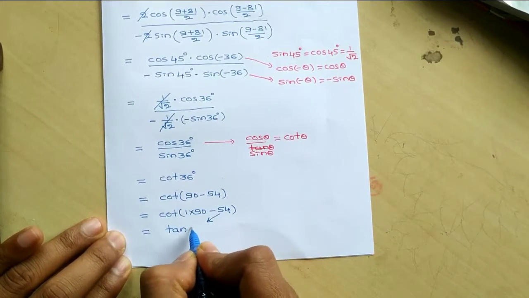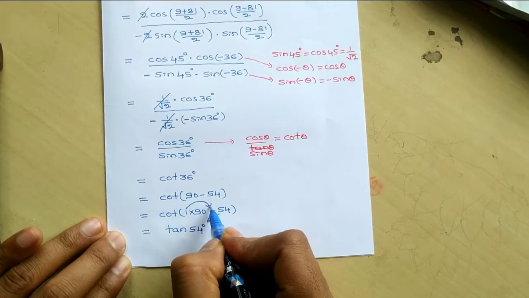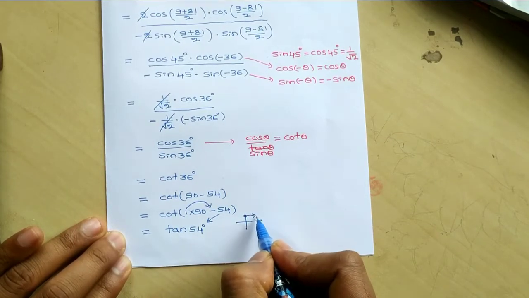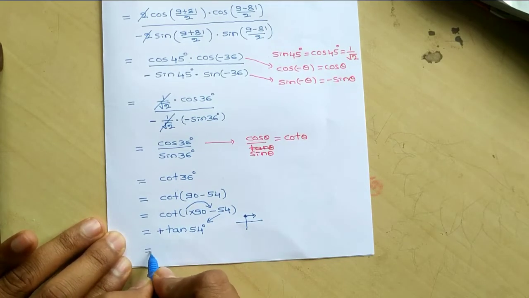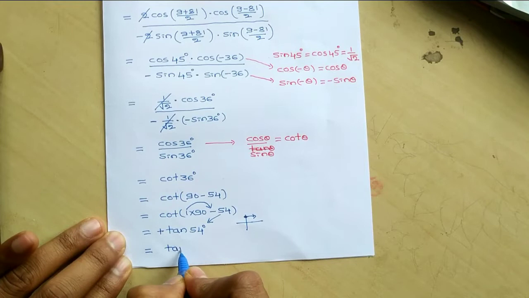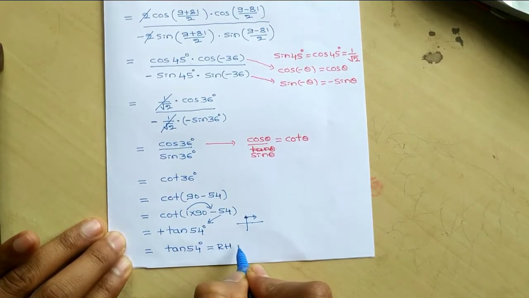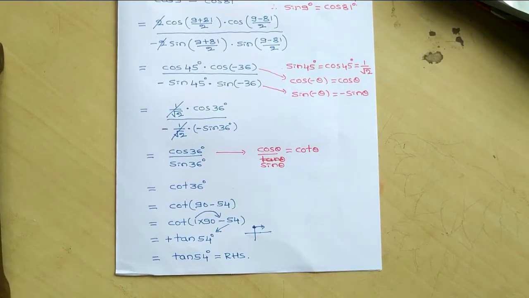So here 54 degree. Next, the minus sign is there, so draw the plus 0, 1. Minus means first quadrant. All are what here? Positive. Therefore, finally, how much are you getting here? Tan 54 degree, which is equal to the right hand side. So the left hand side is equal to the right hand side.